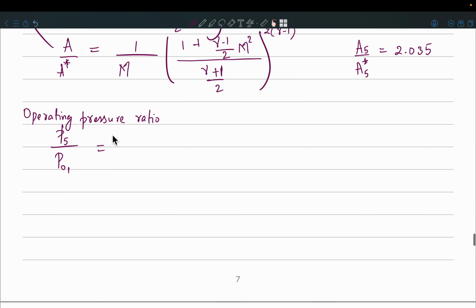So I can write P5 by P05 and then multiply by P05 by P01.